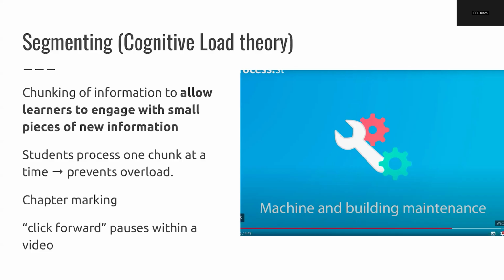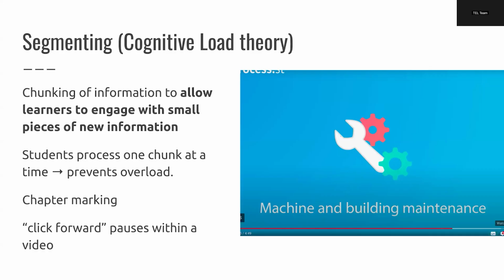From an instructional design point of view, as e-learning designers and developers, this is a really big part of designing a course: breaking your content into smaller chunks and organizing them in a logical way where your students can progress from chunk to chunk. They're getting smaller pieces of information to interpret, and they don't get it all at once.